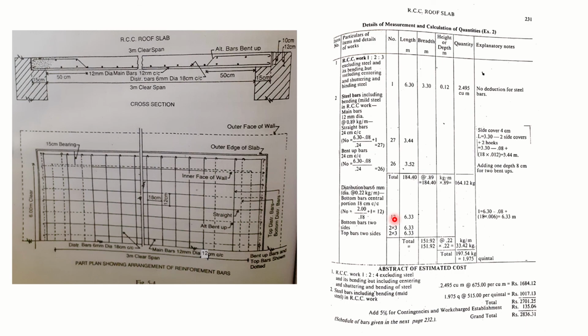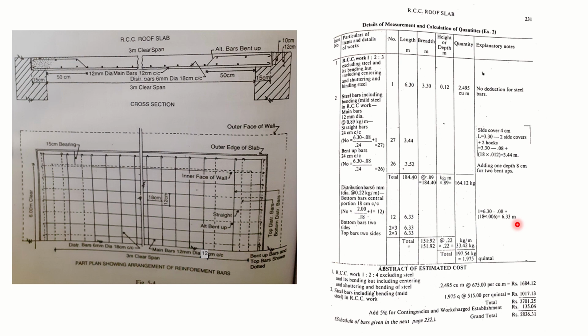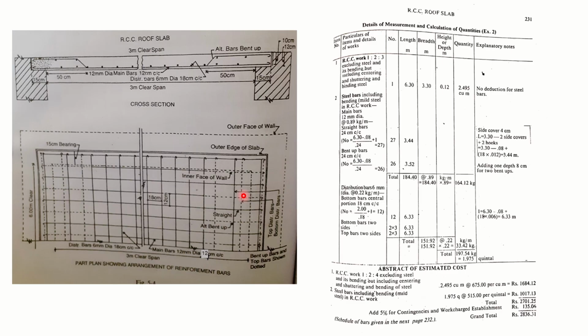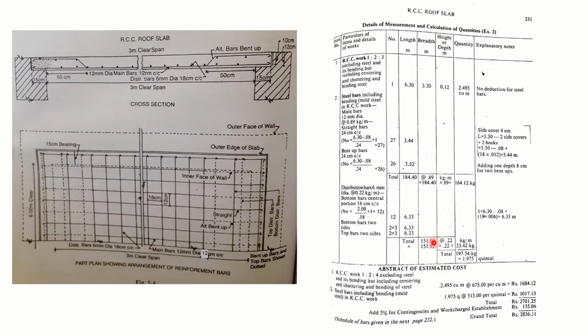This is the total number, and the length will be 6.3 minus the covers plus the length of the hooks, okay, that gives us 6.33 here. Bottom bars is 2 sides here and here, it becomes 2 into 3. Similarly top sides, top bar 2 sides 2 into 3, the length will be same as the other bars at the central portion.